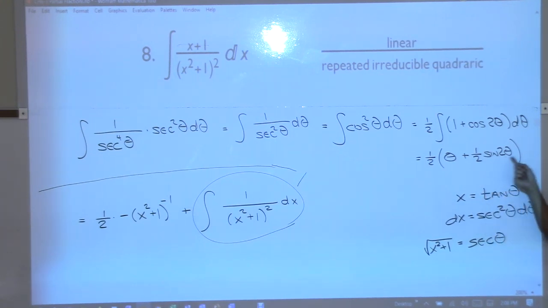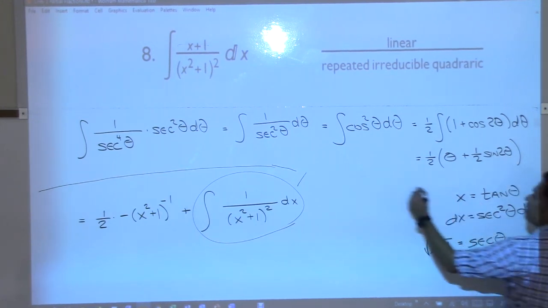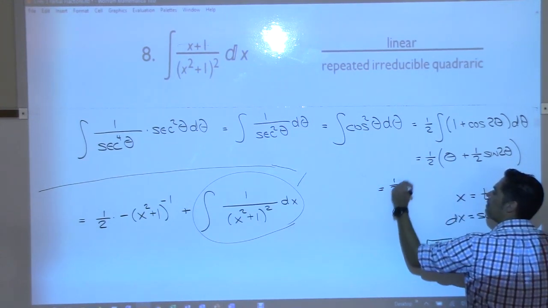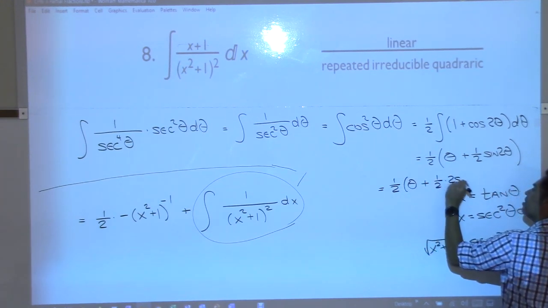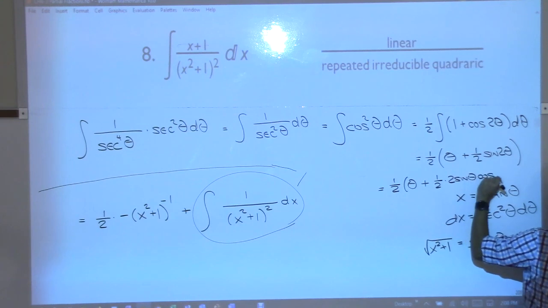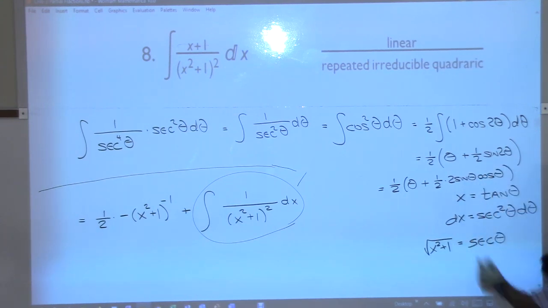But to figure out what sine 2 theta is, you saw this in your homework for 6.2. We have to use the double angle identity and turn sine 2 theta into 2 sine theta cosine theta. So I'll do that on the next step. 1/2 theta plus 1/2 times 2 sine theta cosine theta. And the half and the 2 are going to go away.